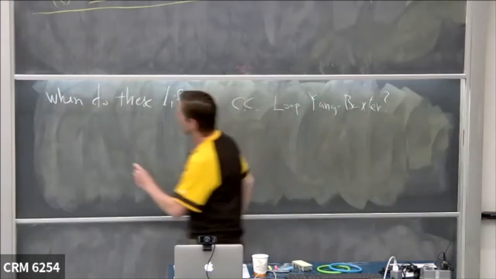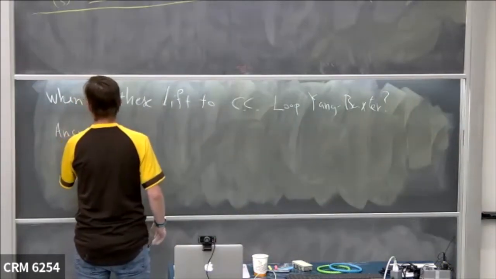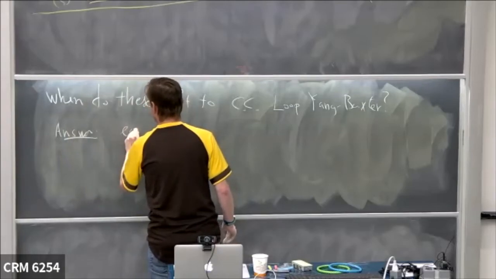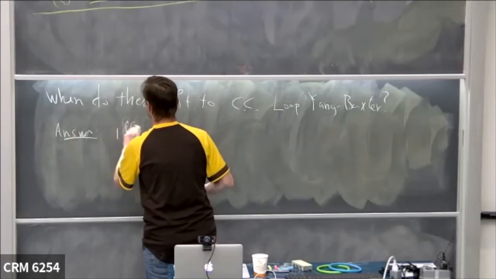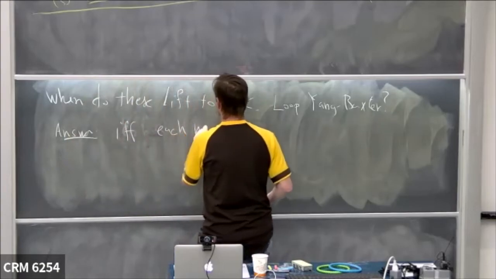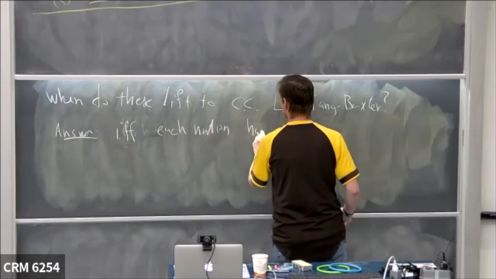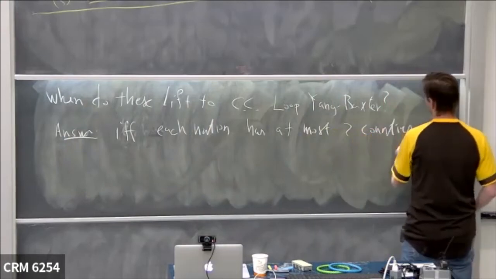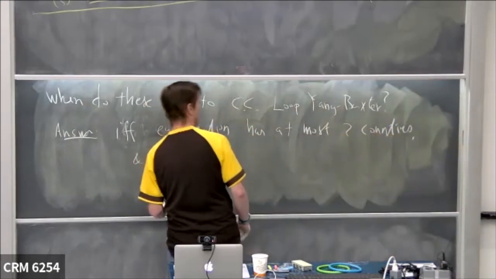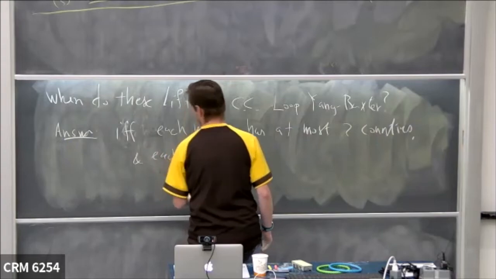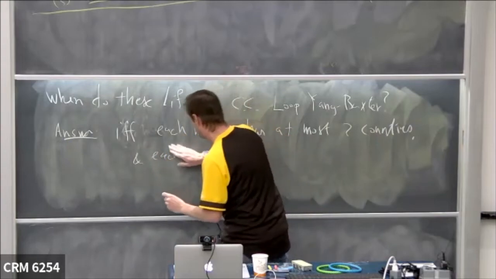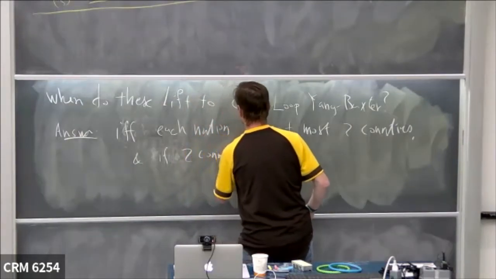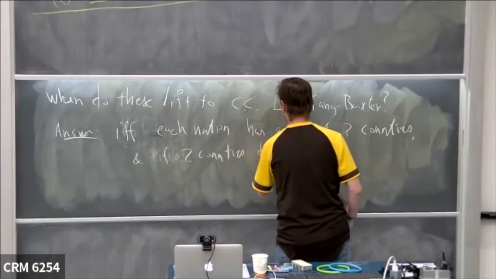And the answer seems to be: if and only if each nation has at most 2 counties, and if 2 counties, they have distinct colors.